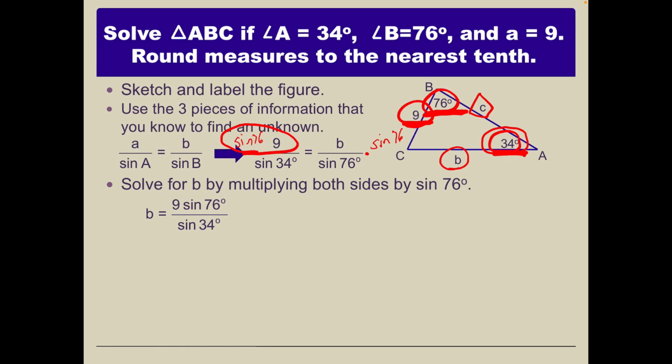That means we only have to use our calculator once to type all that in. Make sure you use your parentheses correctly when you type that in. Once you do that, you get 15.6. Make sure your calculator is in degrees when you do that. So we found that side b is 15.6.